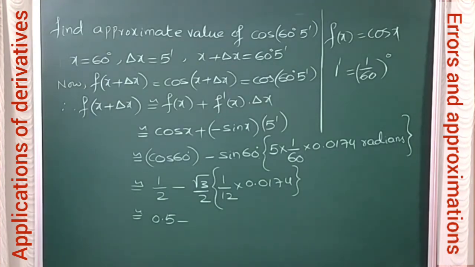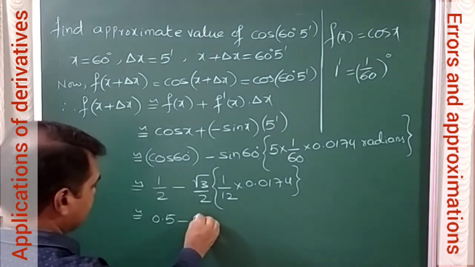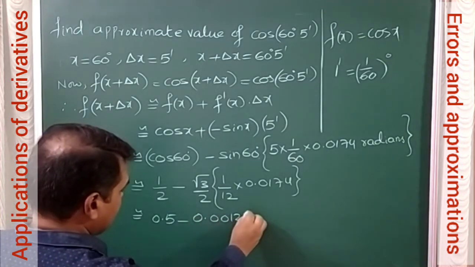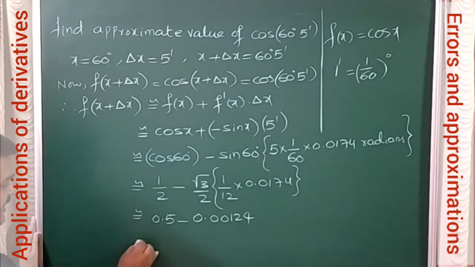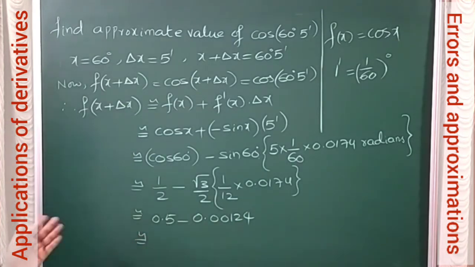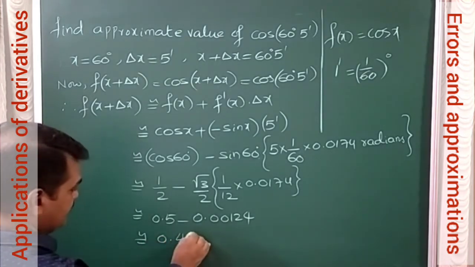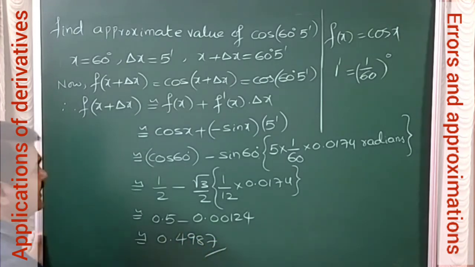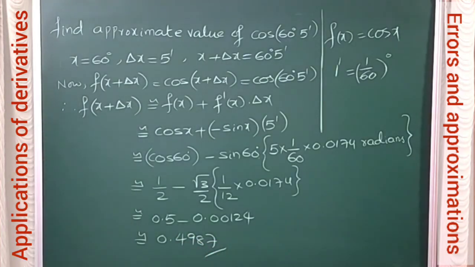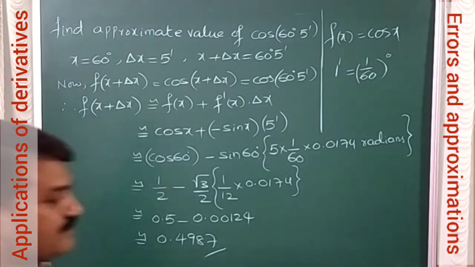If you simplify, the whole value will be 0.00124. After simplification, directly I am writing the value. 0.5 minus that thing will give you 0.4987. Approximately, this is the value of cos of 60 degrees 5 minutes.